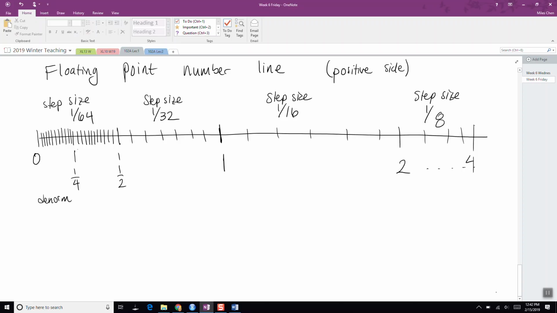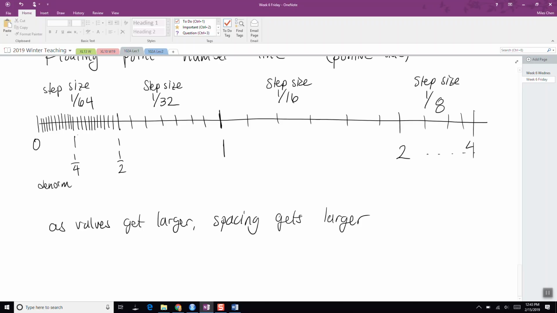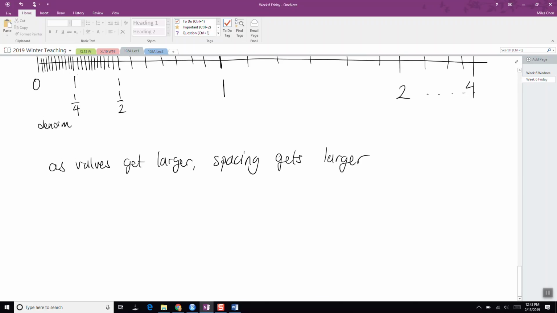As values get larger, spacing gets larger, and there are some weird consequences.